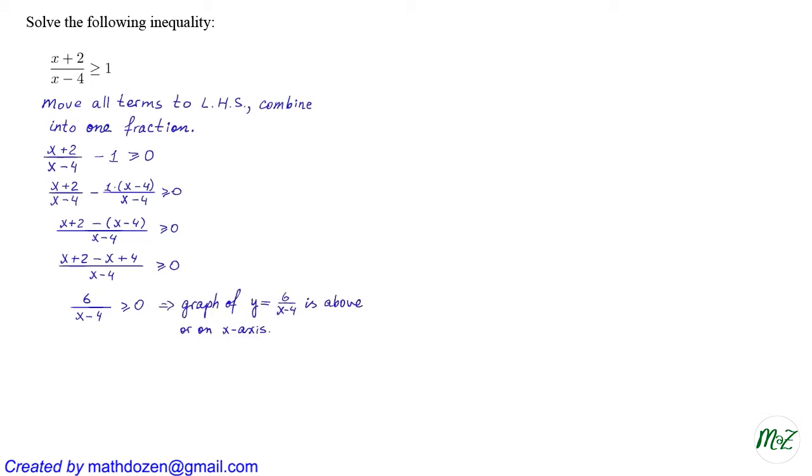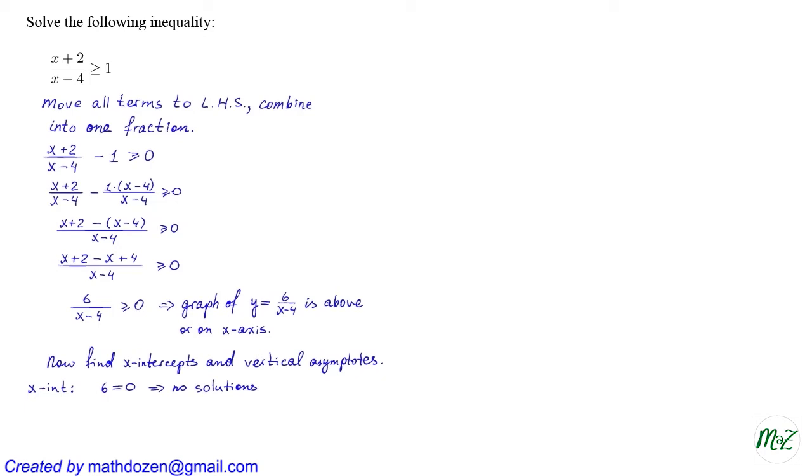So it means that the graph of y equals 6 over x minus 4 is above or exactly on the x-axis. What we need to determine where the graph is above or on the x-axis is to find x-intercepts and vertical asymptotes. For x-intercepts, we set the numerator, which is 6, equal to 0.